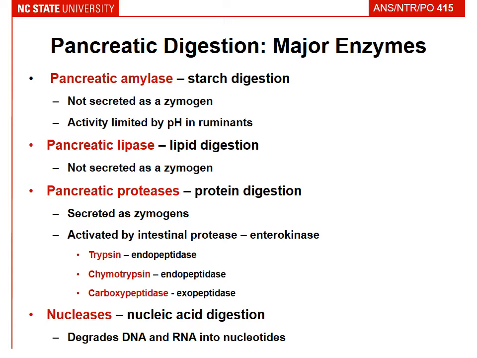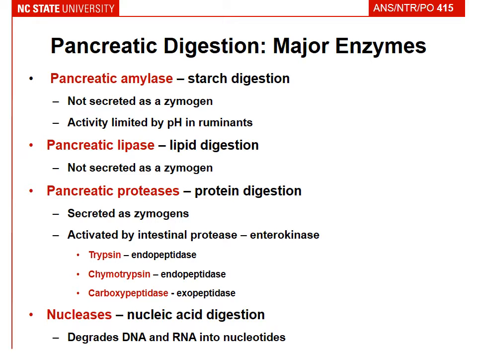Carboxypeptidase is an exopeptidase. If we utilize our Latin, endo means inside, whereas exo means outside. Trypsin and chymotrypsin, being endopeptidases, go inside the peptide and cleave it, making these long peptides shorter, cutting them in half.